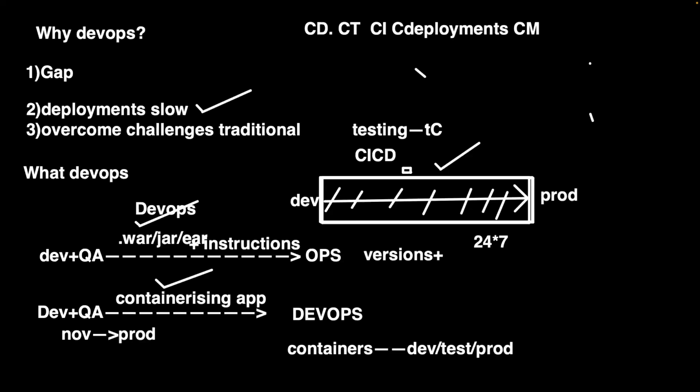If you want me to differentiate with respect to the teams, let me do that. Suppose you talk about the software development lifecycle, like waterfall: you have development, after development you have testing, then delivery or deployment, and then monitoring. One after the other, right?